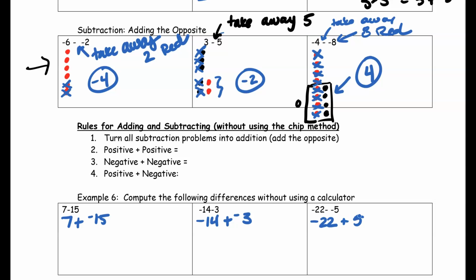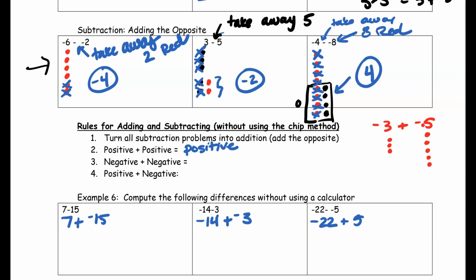Then once we change all subtraction into addition, we can go through these following steps. So if we have a positive plus a positive number, we're going to get a positive answer. So we know that already. If you have a negative number plus a negative number, for example, if we had -3 plus a -5, that would be like 3 red chips and 5 red chips.